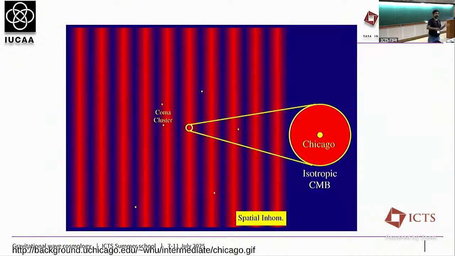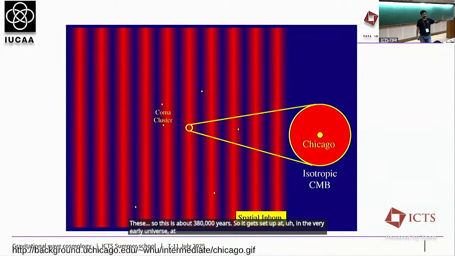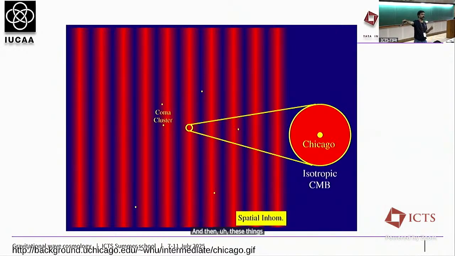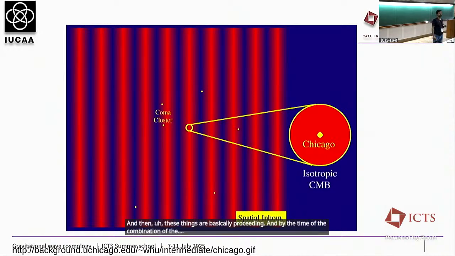So this is about 380,000 years. It gets set up in the very early universe after inflation, and then these things proceed. By the time of recombination, only about one cycle has happened.